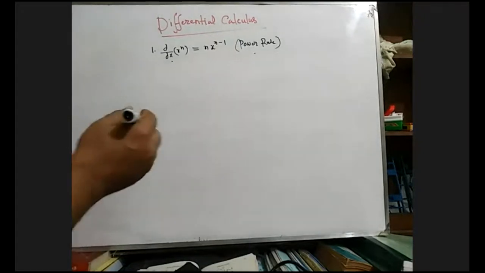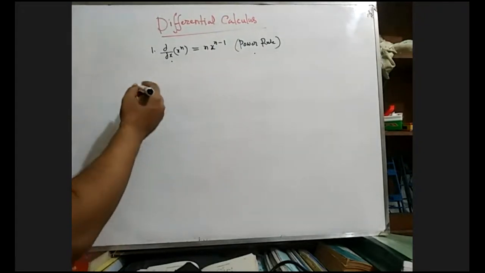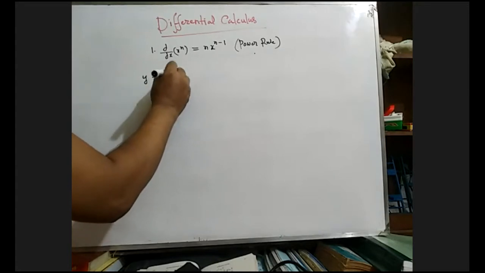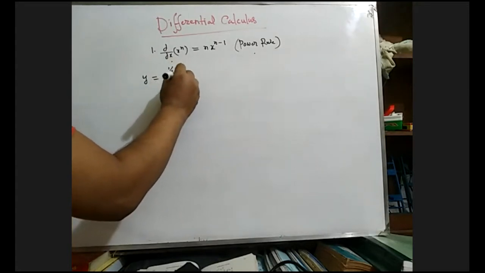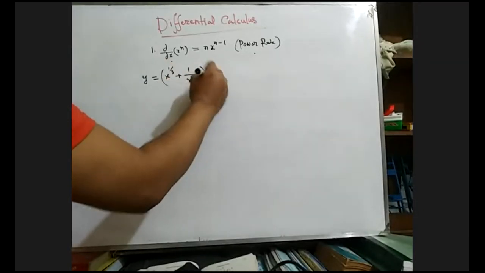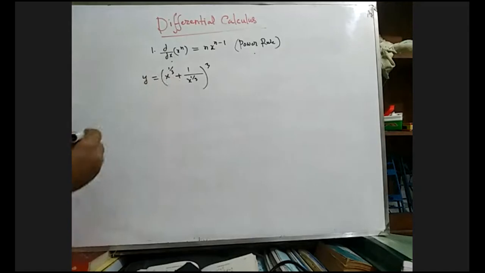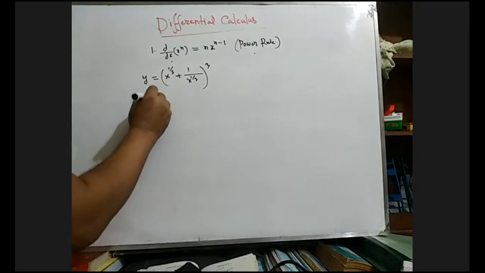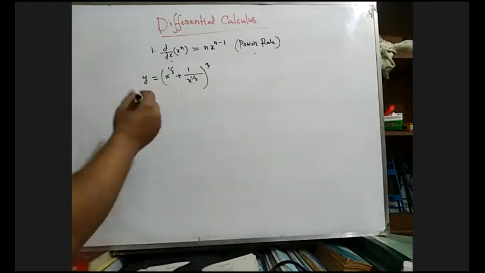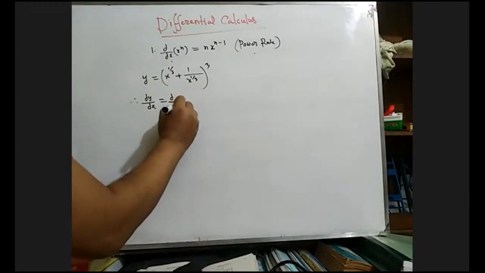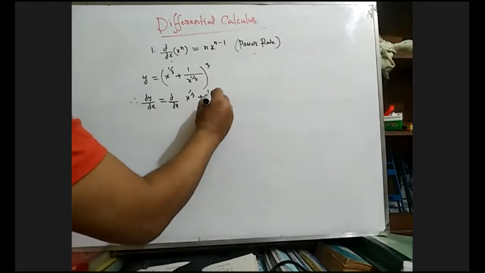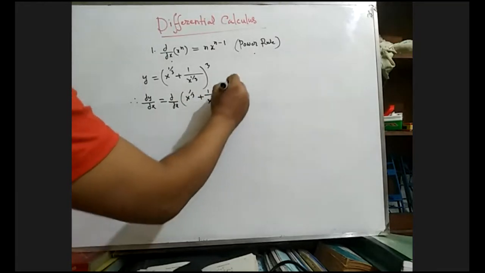Now another example. Suppose I have an example like this: y equals x to the power 1 by 3 plus 1 by x to the power 1 by 3, whole cube. How can we find the differentiation of this? Taking dy/dx on both sides, d/dx of x to the power 1 by 3 whole cube.